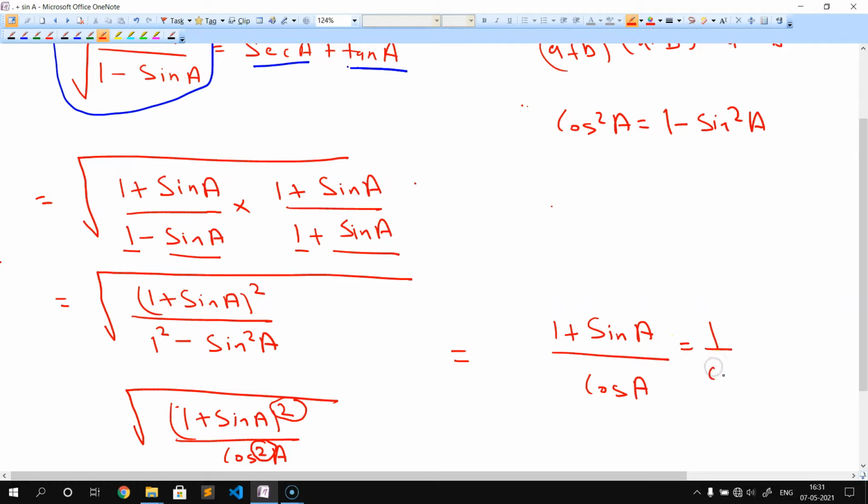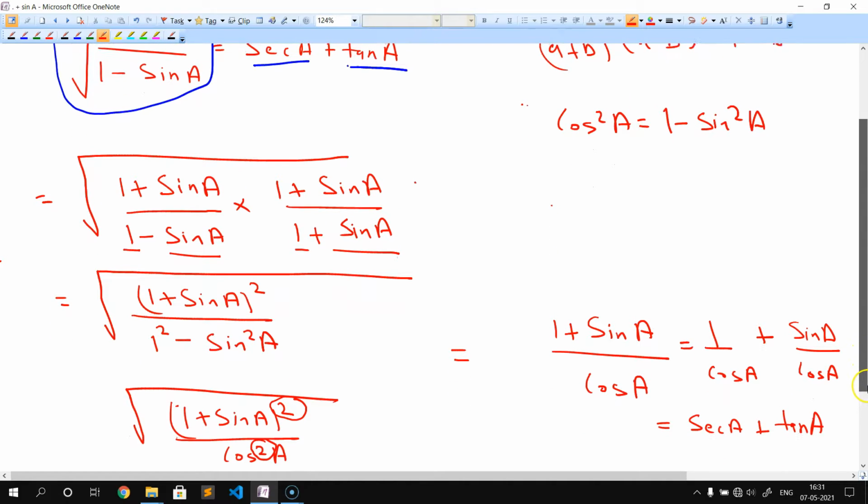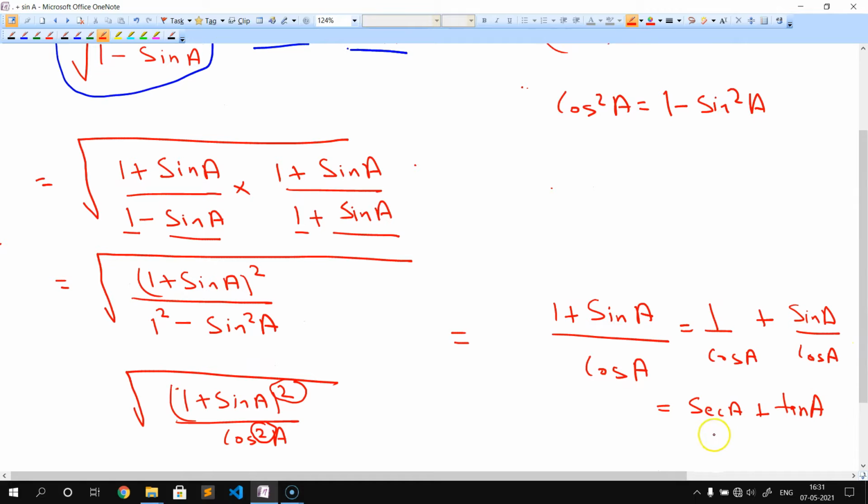Now we will distribute the denominator. 1 upon cos a plus sin a upon cos a. So 1 upon cos a is sec a, and sin a upon cos a is tan a. See, in few steps we have done the question. Sec a plus tan a, which we have to prove, is equal to RHS.